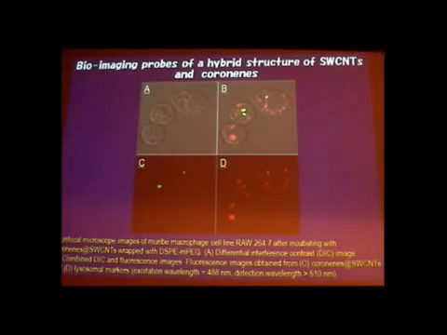Then afterward we shine the light, and the highlighted yellow regions are where we have the coronene. So in this way, maybe this kind of thing might be markers for biological applications. Okay, I didn't go into detail, but I'm just going to show you what we can do with this new material.